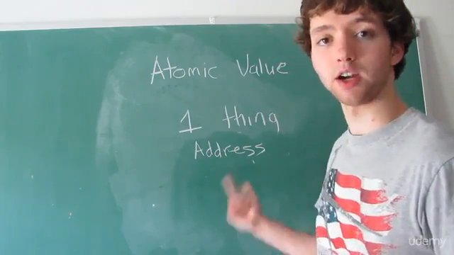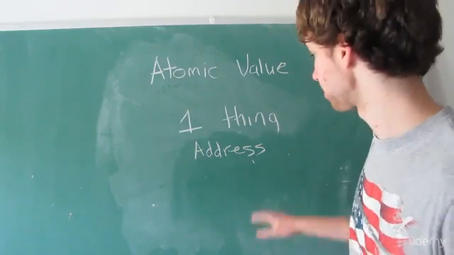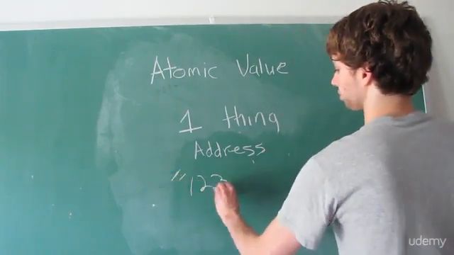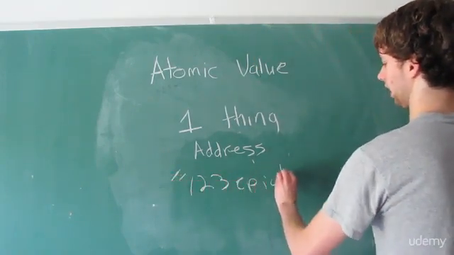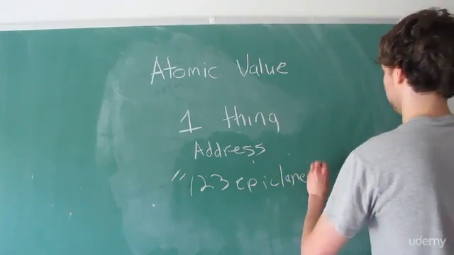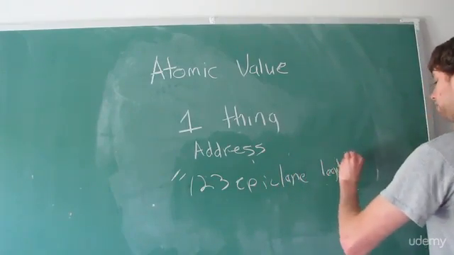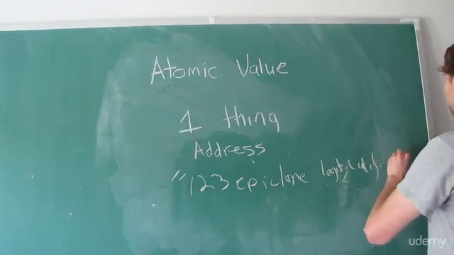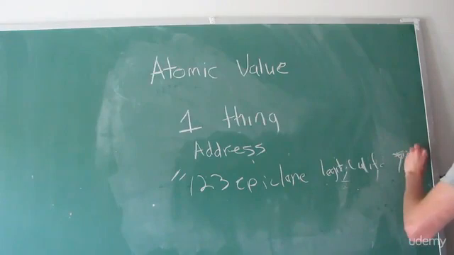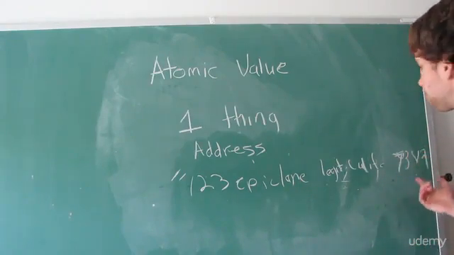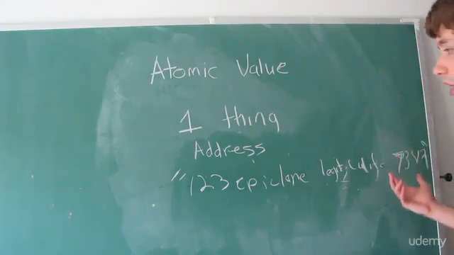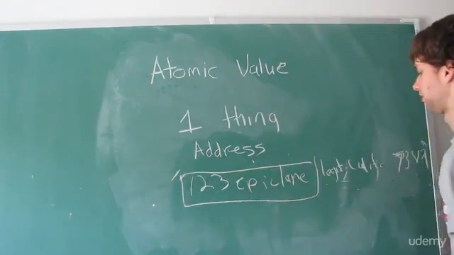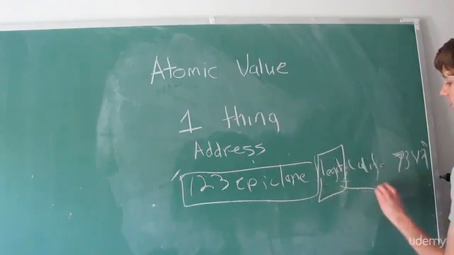So addresses, I often break those up into multiple columns rather than storing one address like 123 Epic Lane, Legit, California, 73821 in a single column. I break this up into street address, city, state, area code.